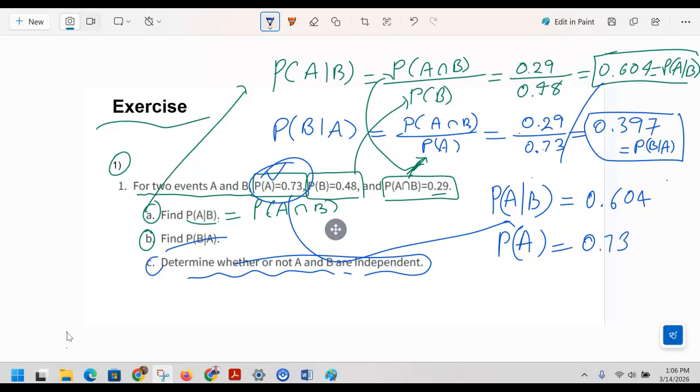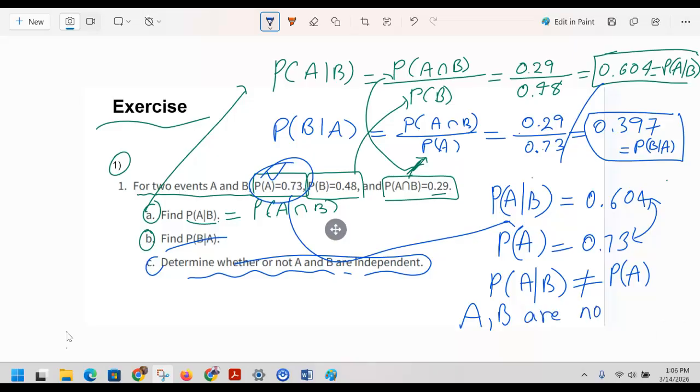You can see these two numbers are not the same. So the probability of A when B occurred is not the same as the probability of A. That means A and B are not independent. You're done. It means they are dependent.